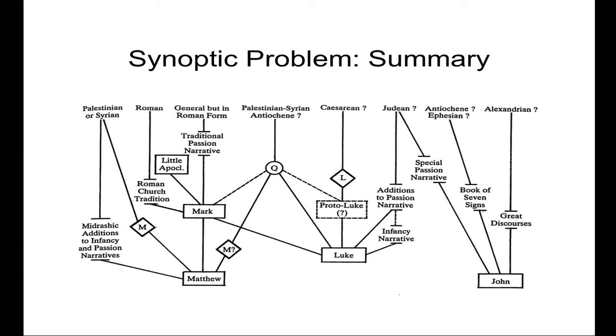And you'll need to memorize this for the final exam and be able to reproduce it and write a paragraph explaining the justification with textual evidence for each of these separate stages in the creation and transmission of material about Jesus, as well as explaining why they likely originated in these different sites. That's a joke. You don't have to do this.